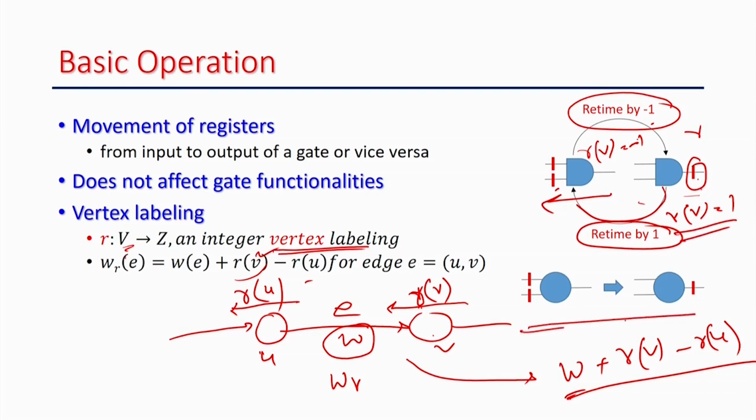So, for this case, RV equals -1, because the number of registers moved from input to output is 1. This is how we can determine the weight of the edges after retiming. And we are going to find out these R values. Our objective is to find the R value of each node, with which we can identify the retimed circuit.